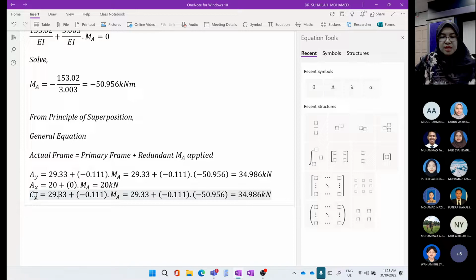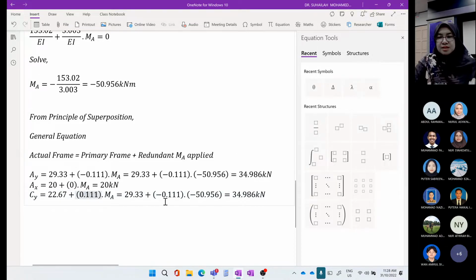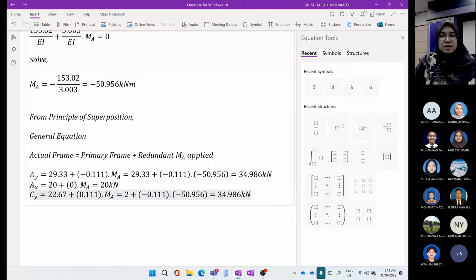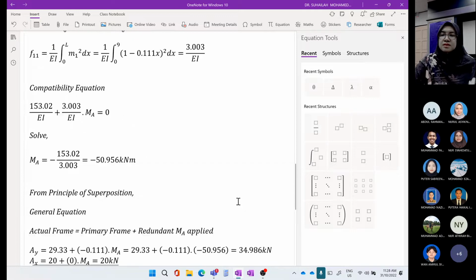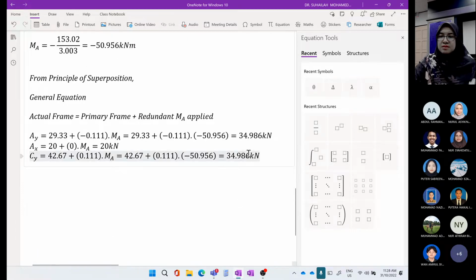CY 40 berapa tadi? 42.67 plus kan? Plus 0.111.